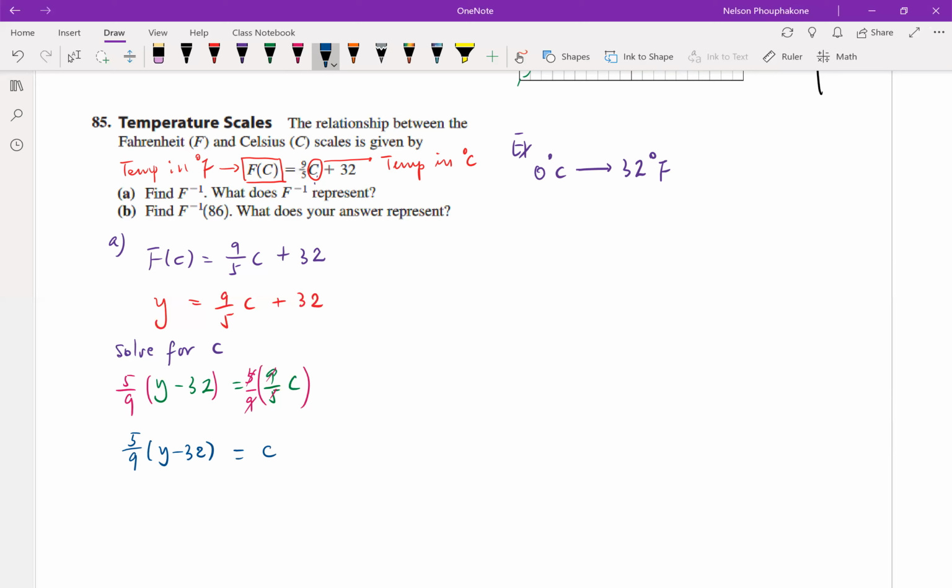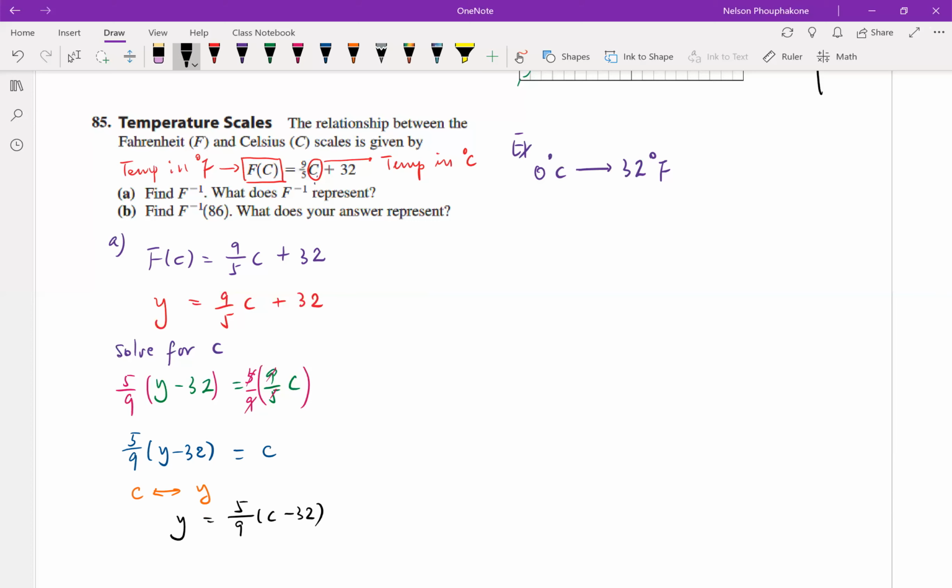Now remember the next step: we swap the input and the output, interchanging c and y. Then I will have y equal to 5/9 (c minus 32).